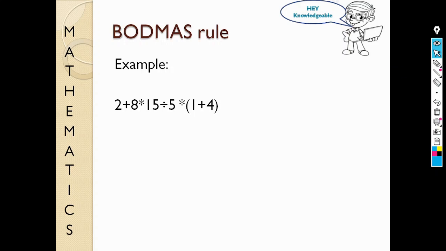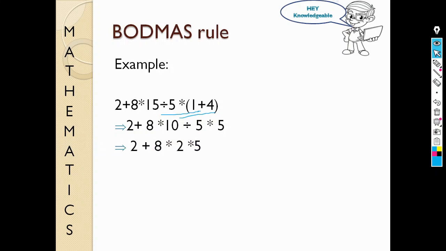So let's apply the BODMAS rule to this expression. This is the expression. Using the BODMAS rule, we'll try to solve it. First the bracket is solved, meaning 1 plus 4 is added, and that gives you 5.